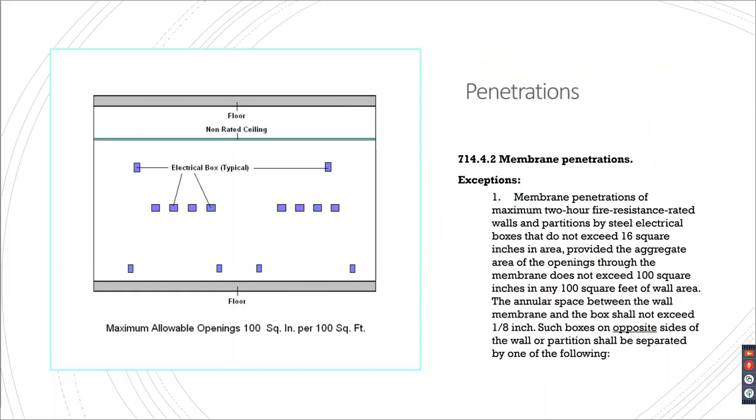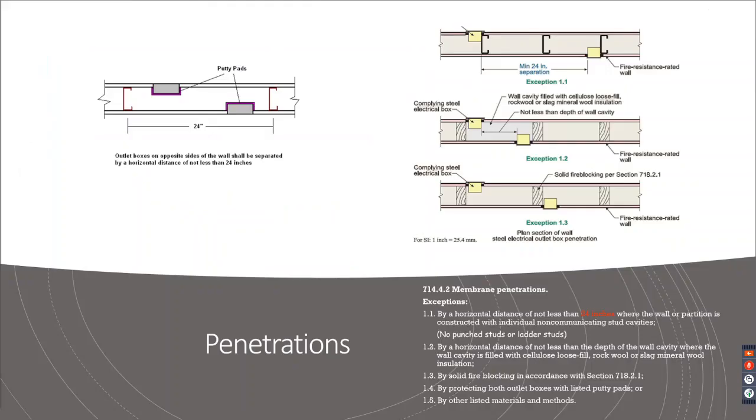If they're on the opposite side of the wall, then you have to separate them by one of these, either 1, by a horizontal distance of not less than 24 inches, where the wall or partition is constructed with individual non-communicating stud cavities, like no punch studs or ladder studs, or 2, by a horizontal distance of not less than the depth of the wall cavity, where the wall cavity is filled with cellulose loose fill, rock wool, or slag wool mineral wool insulation, or 3, by solid fire blocking in accordance with 718.2.1, 4, by protecting both outlet boxes with listed putty pads, or by other listed materials and methods.